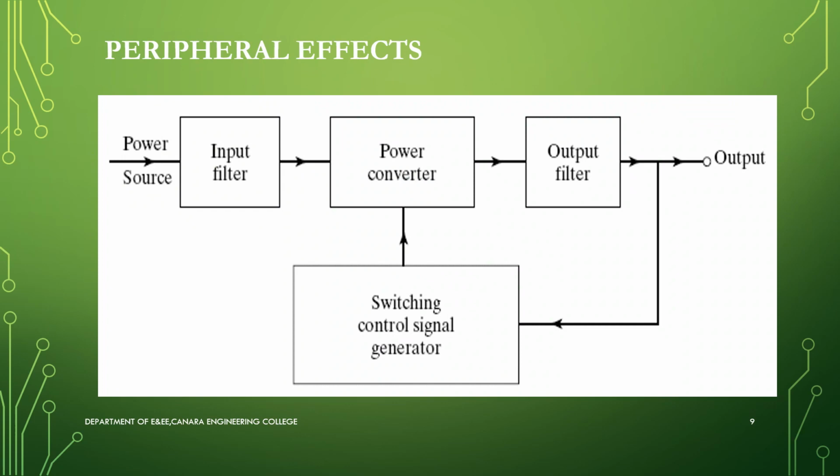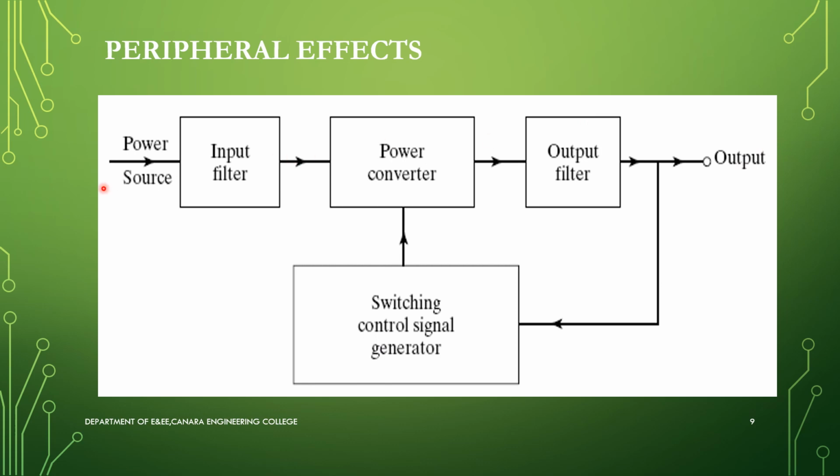So when we are designing power converters, what are its effects? You can observe here you have a power converter. I have told you, you need to have a control strategy for it. So you have a control design for it, and the power source can be either AC or DC. Your output can be either AC or DC.